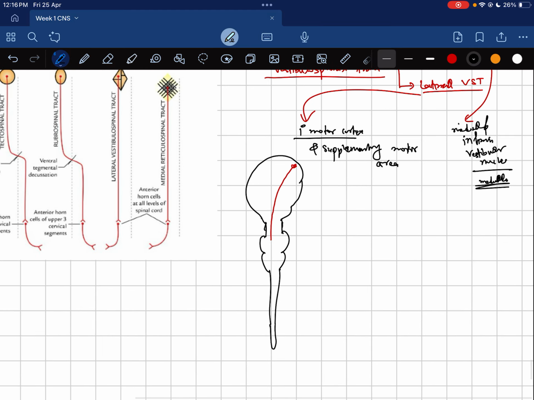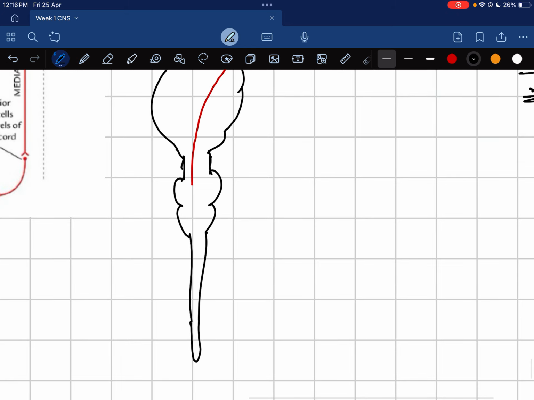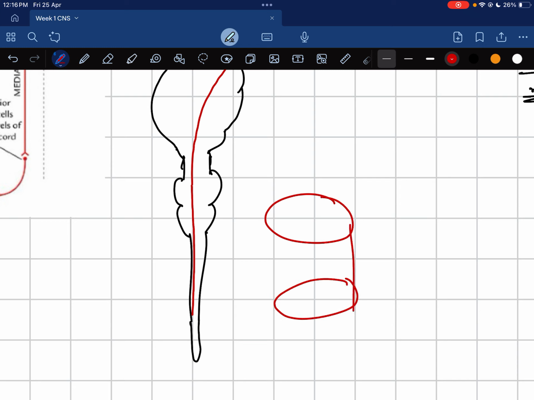bilateral thoracic region of the spinal cord, and lateral vestibular nuclei give rise to the lateral vestibular tract, and these descend ipsilaterally, going below on one side, like when you look at the two portions of the spinal cord, and it goes this way ipsilaterally from one side.